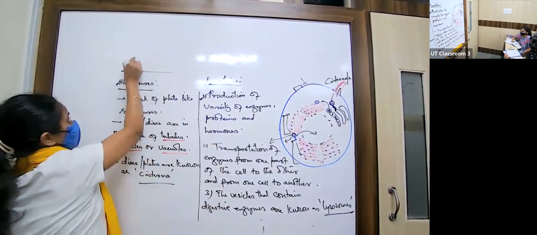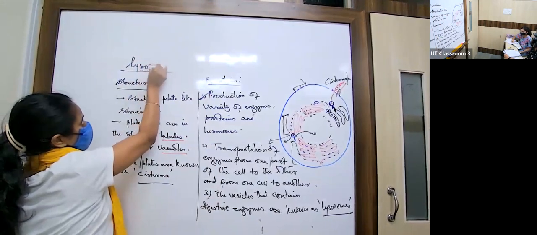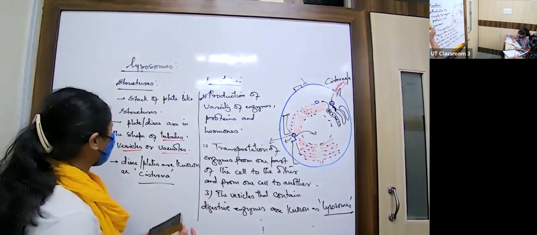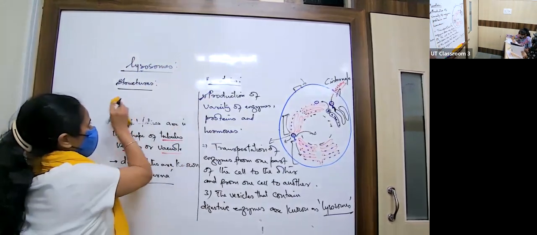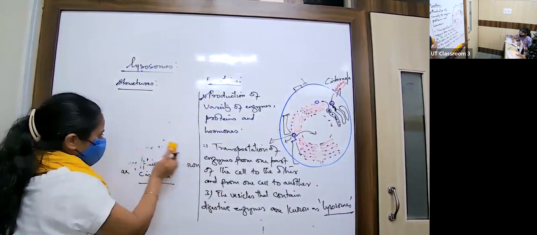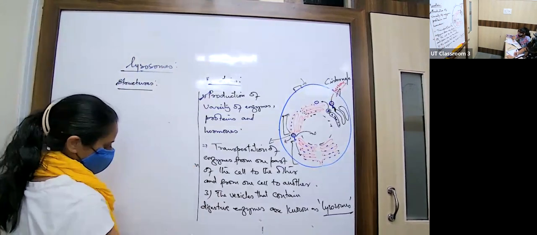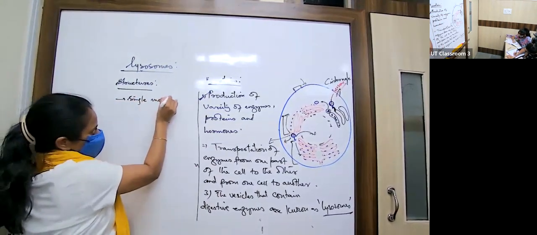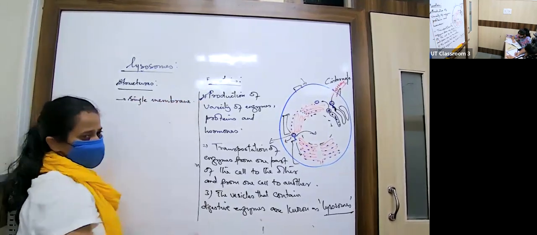We talk about the next cell organelle, lysosomes. Structure क्या सीखेंगे स्ट्रक्चर में? Lysosomes, they are made up of a single membrane.